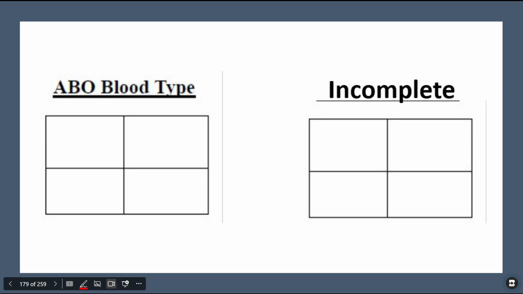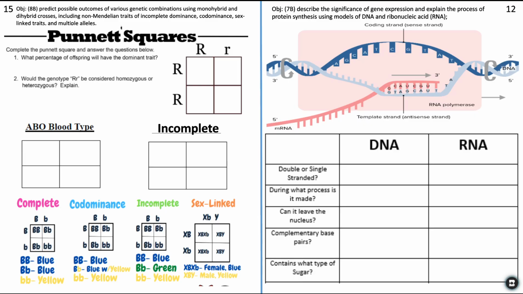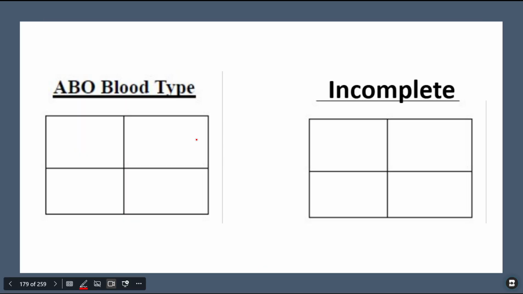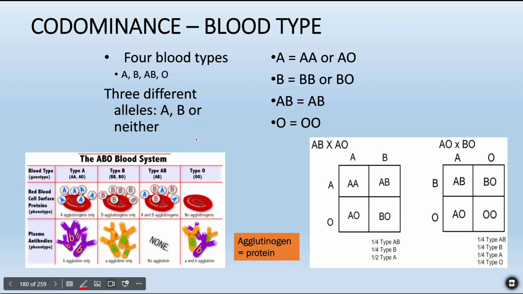All right, now on page 15, look at the ABO blood type and incomplete squares. So for the ABO blood type, we are going to fill out this box right here.